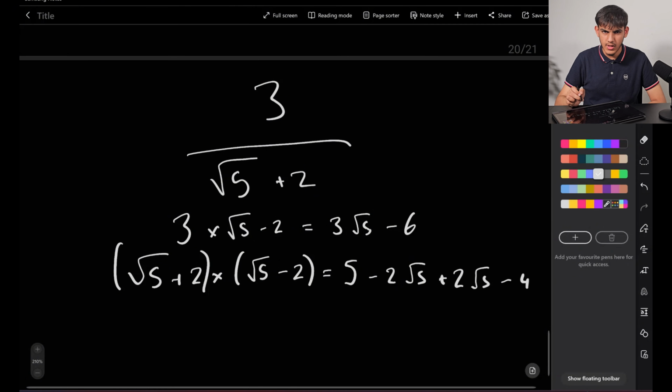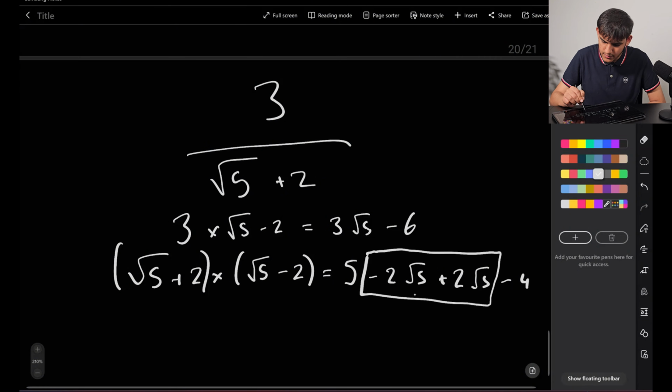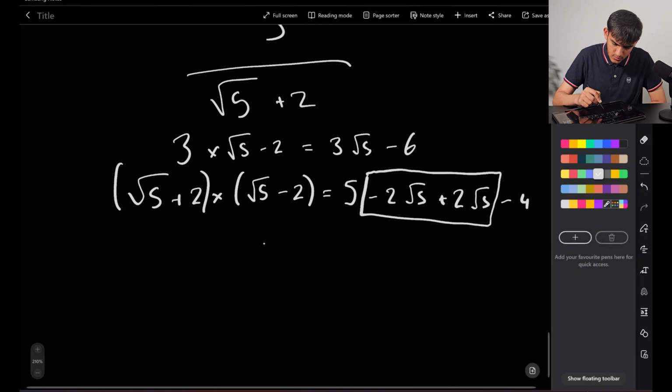So just like we did for question 2 where we expanded and simplified, over here you also have to simplify, because on the bottom, minus 2 root 5 plus 2 root 5 cancel each other out, so that equals 0. And then what you have is a fraction where 3 root 5 minus 6 over 5 take away 4.